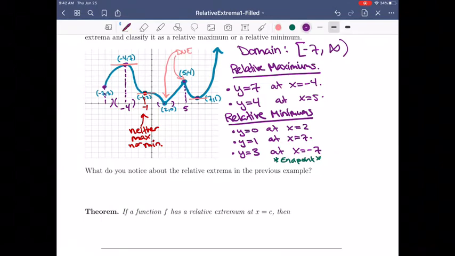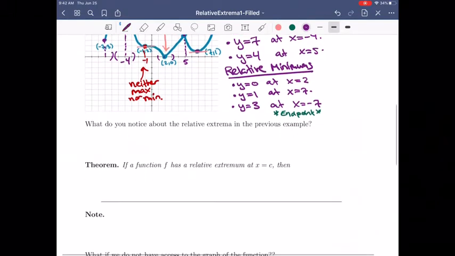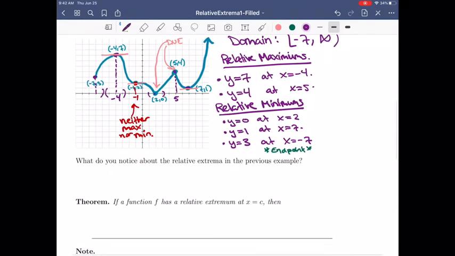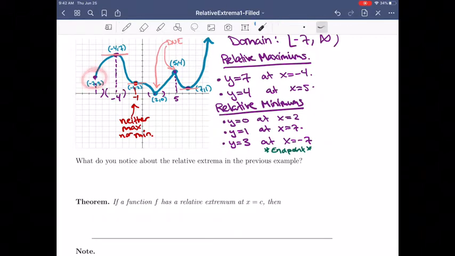So what happens? If we look at all of these, the endpoint is a bit special, but for all the other ones, the derivative is either 0 or does not exist. So that means that they occur at critical numbers.